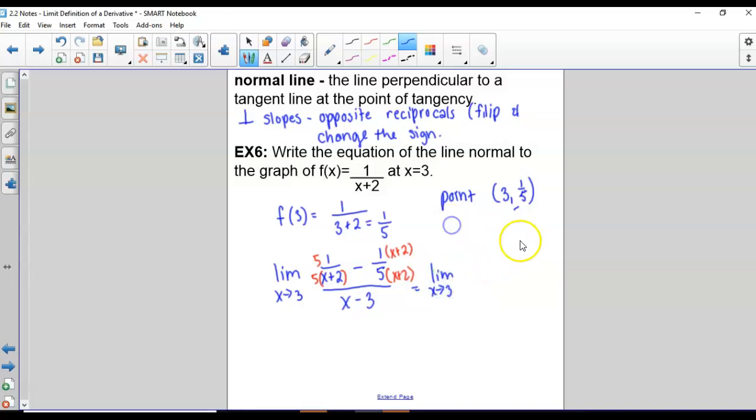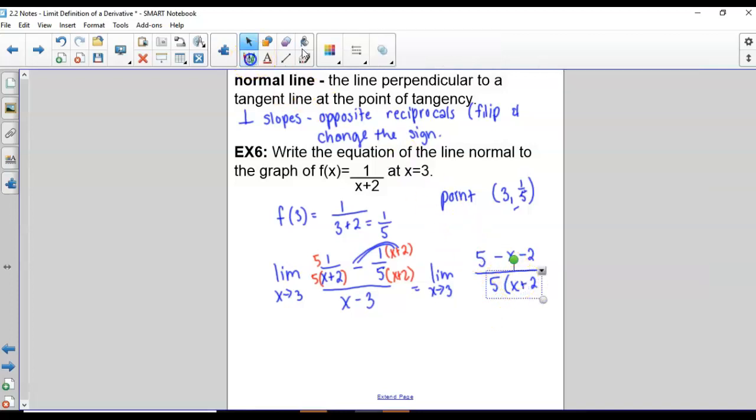So that will give you the limit as x approaches 3 of 5 minus x minus 2. That negative has to get distributed to both of those numbers there, all over 5 times x plus 2, over x minus 3.